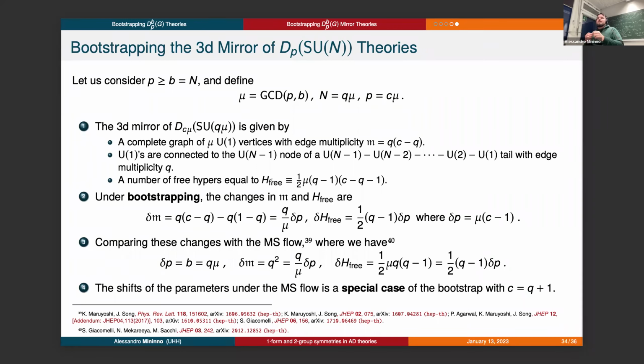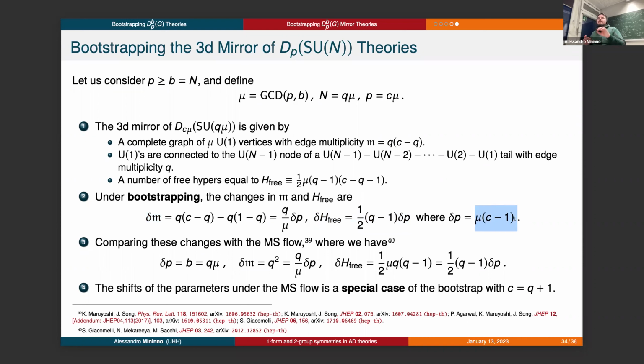The bootstrapping, as we are saying, is just exchanging the value of C, a shift in P, and this shift in P is just reflected in a shift of the number of free hypers and the multiplicity inside the node. And this is the only shift that you will have.